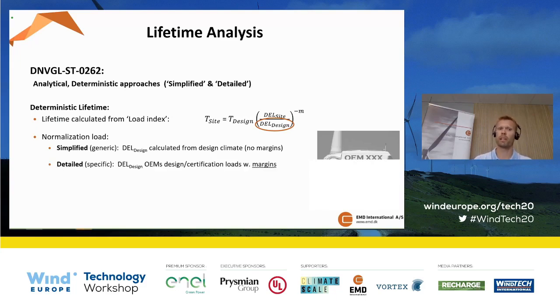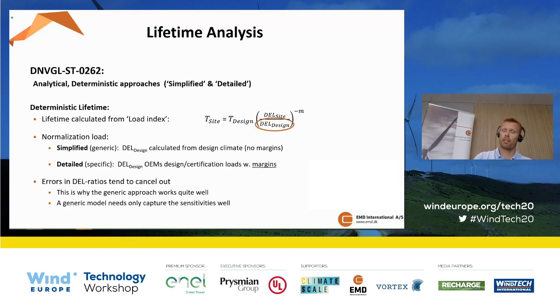So for the detailed approach, where you have the specific information, DEL design is actually the design or certification loads from the manufacturer, including these margins. So generally, we would expect the generic approach to be slightly conservative.